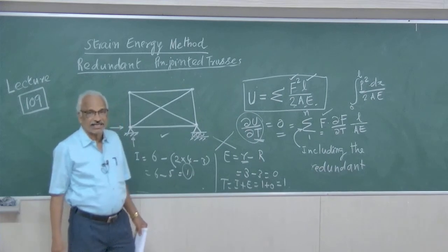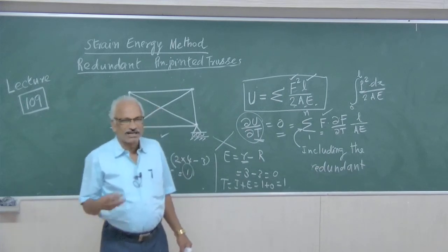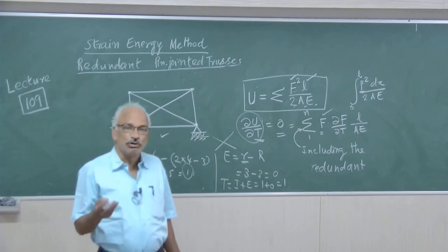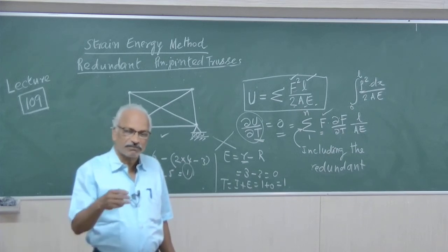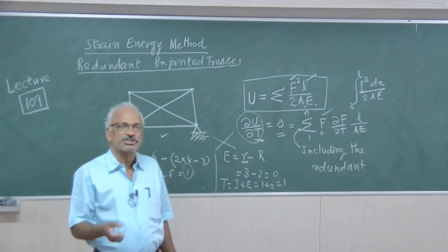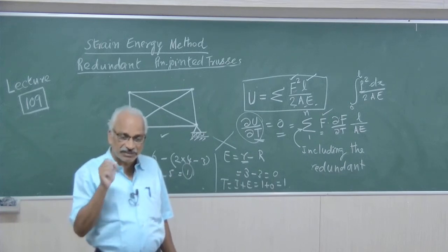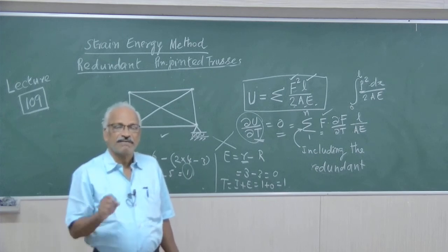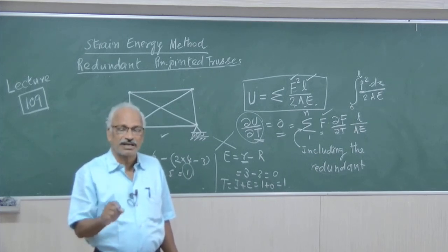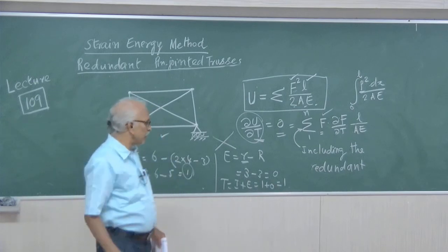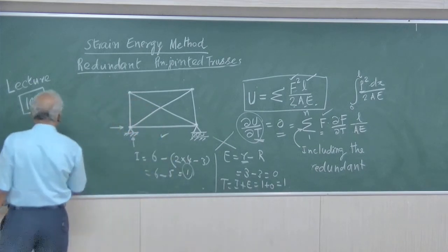The reason is, now we have got different methods. One is the strain energy method, the other one is the unit load method. So for every method, the procedure is slightly different. Now as far as the strain energy method is concerned, we remove the redundant member and apply a force equal to T along the member.